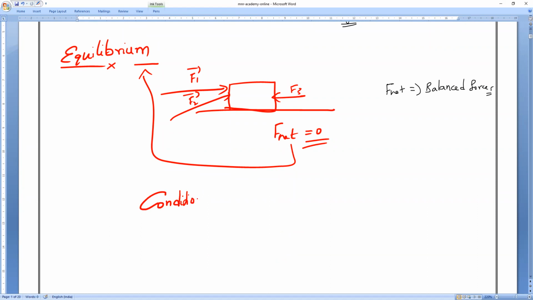This is condition number 1 for deciding whether a body is in equilibrium or not. If F net is equal to 0, then the body is in equilibrium. That's all it is. Remember this first thing. Do you all understand, everybody?